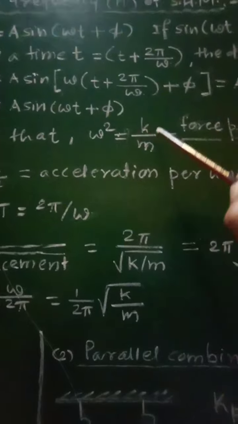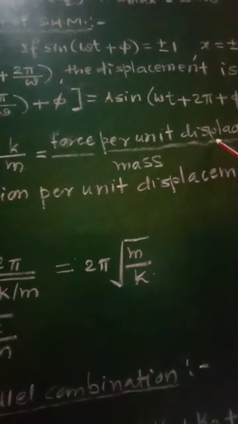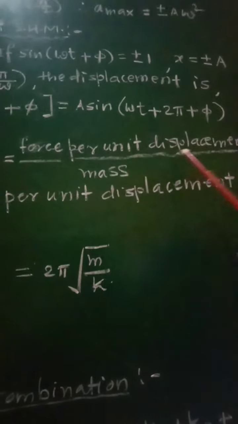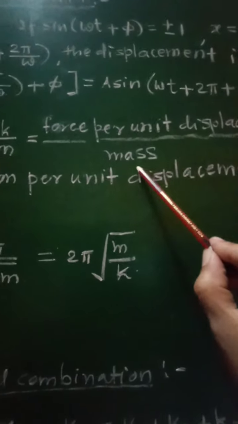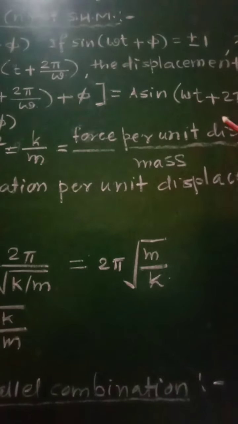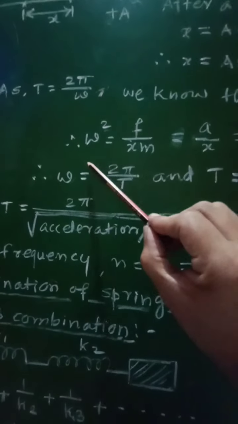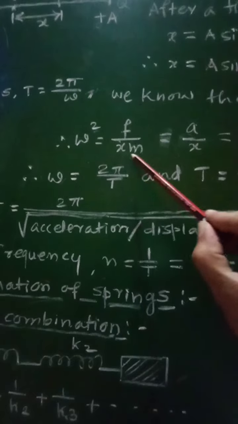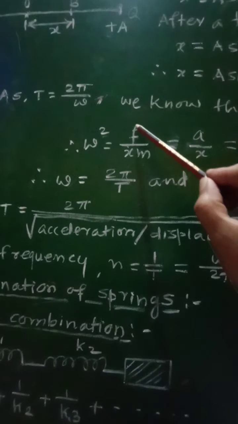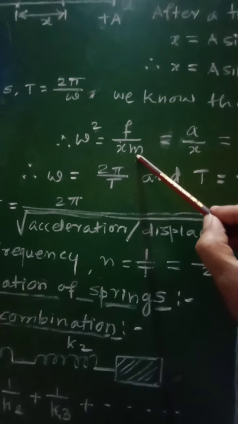Therefore omega square equals k by m, that is force per unit displacement divided by mass. Force per unit displacement, that is F by x, is the value of k, divided by mass m. Therefore omega square equals F upon x m.